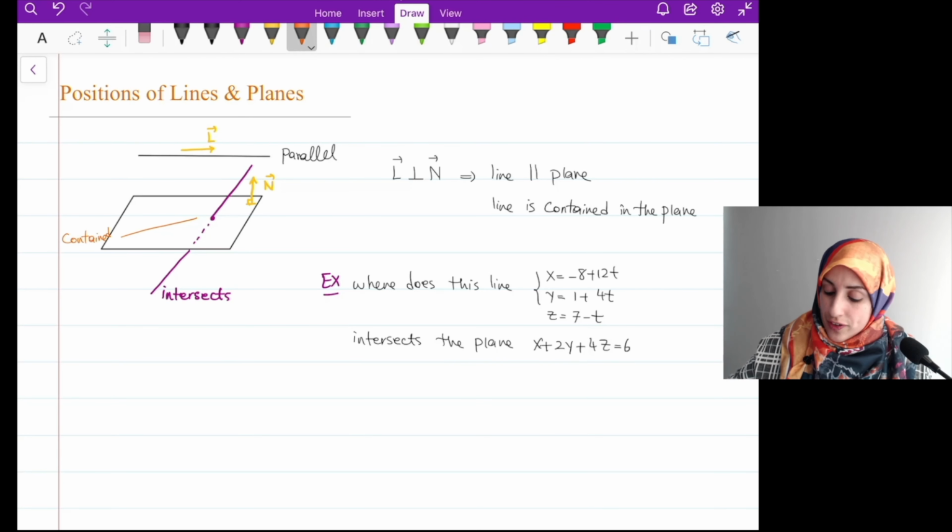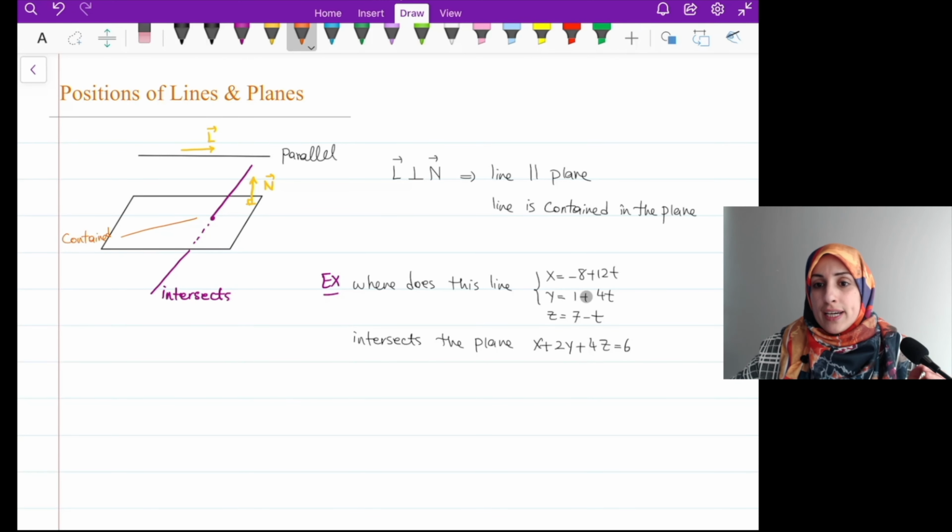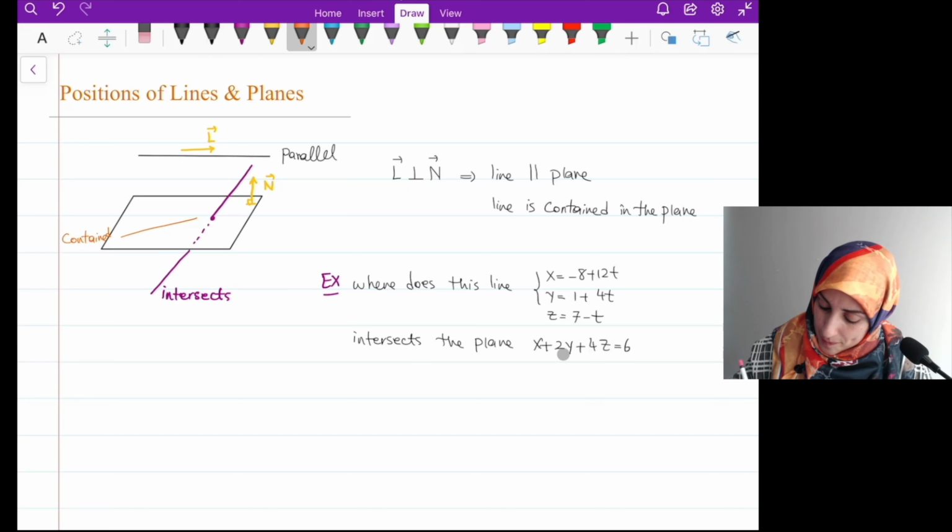Okay, to find this intersection point, all I need to do is plug in the parameterization of the line. So if the line has any other form, like the symmetric equation of the line, you need to parameterize it, write the parameterization of that, and then plug the parametric equation into the plane.